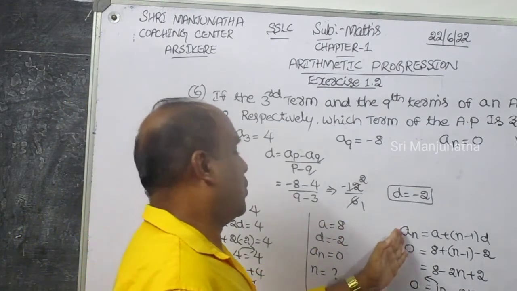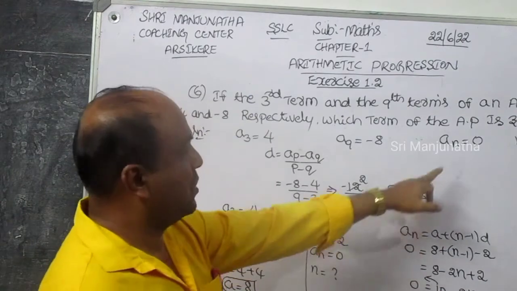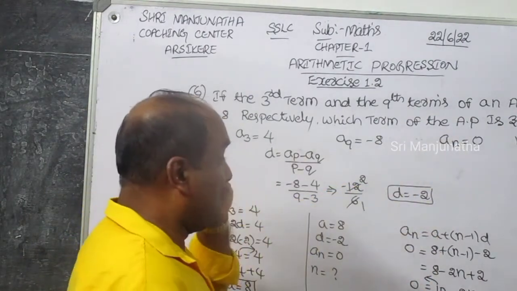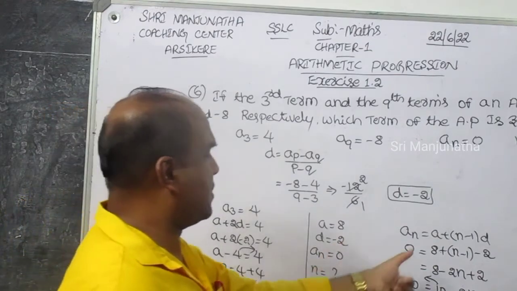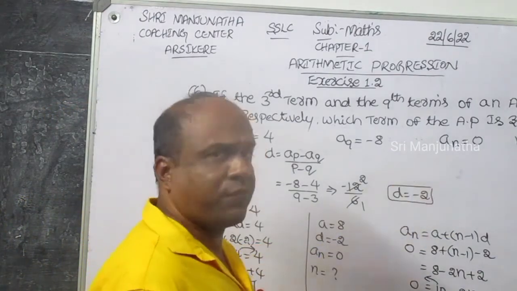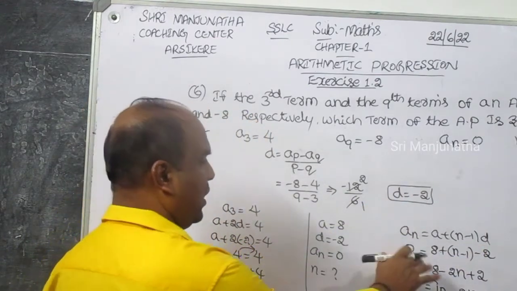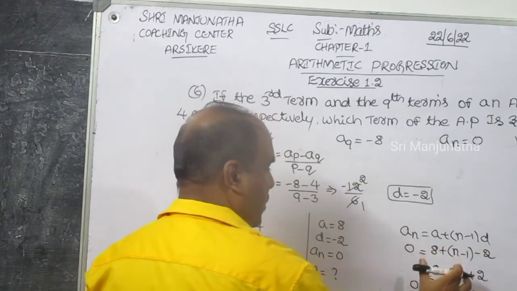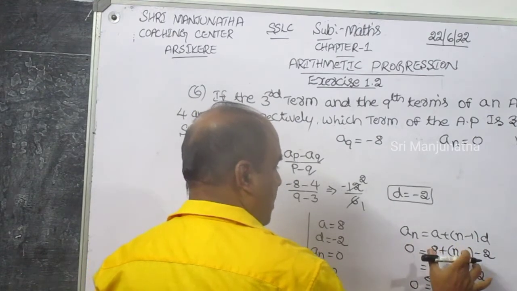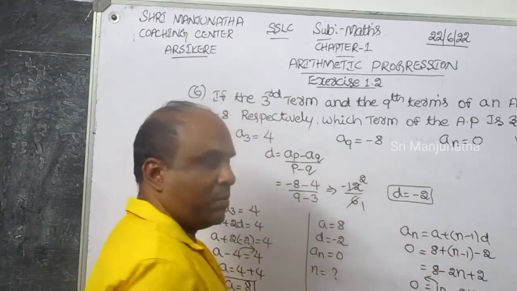We have to know the formula: an is equal to a plus (n minus 1) into d. The an value is 0, it is a given value, and a I have already found. 8 plus, what is the n value? We should find out. Write similarly (n minus 1), d value minus 2. 8 plus, plus into minus is minus, 2 into n is 2n, minus into minus is plus, 2 ones are 2, 8 plus 2 is 10, minus 2n.